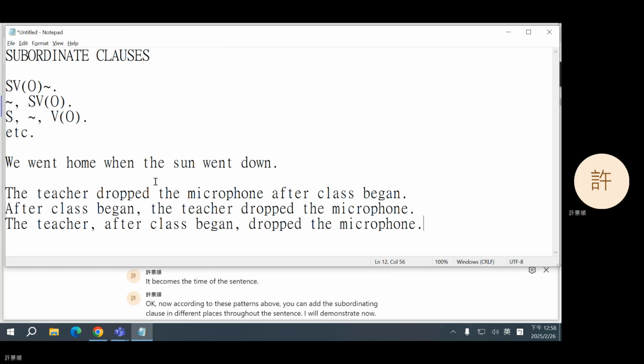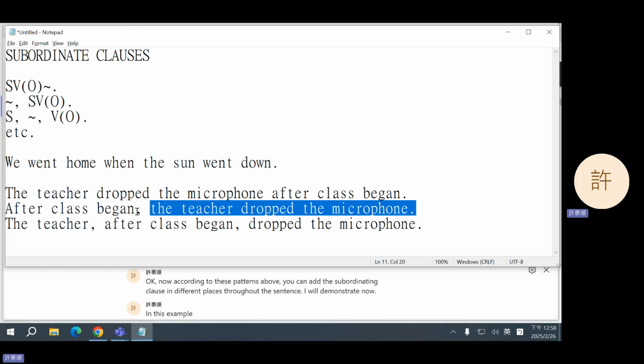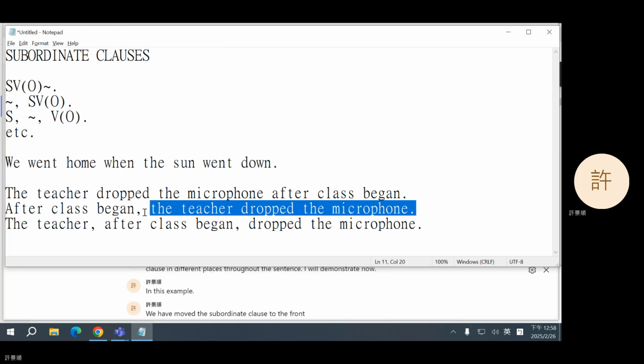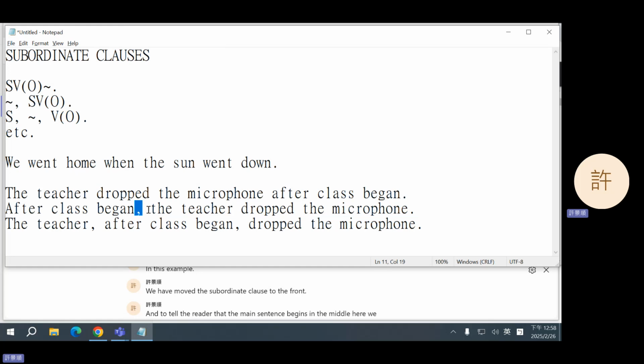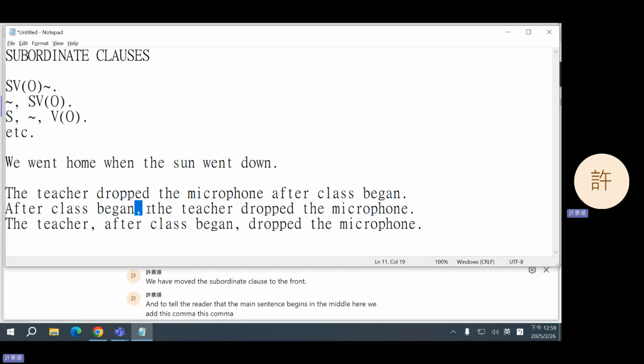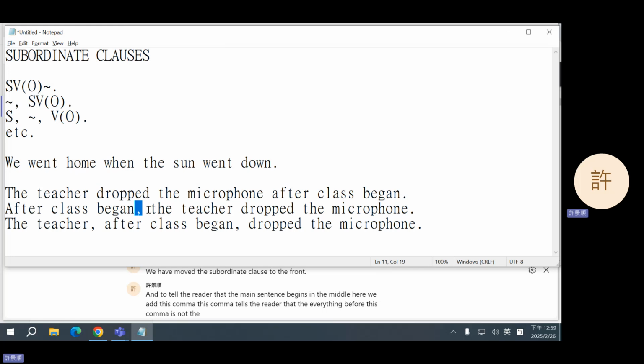So in this example, we have moved the subordinate clause to the front. And to tell the reader that the main sentence begins in the middle here, we add this comma. This comma tells the reader that everything before this comma is not the main sentence.